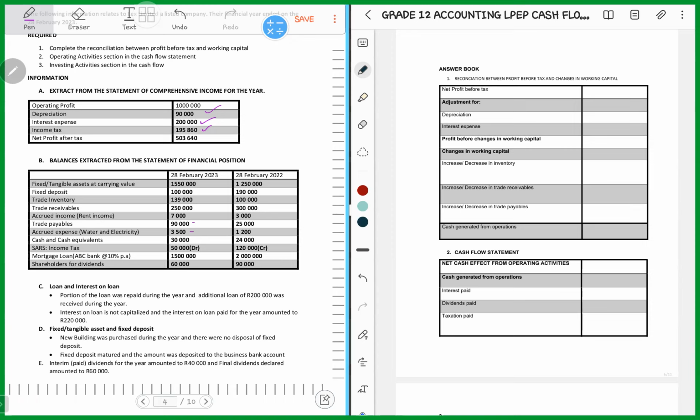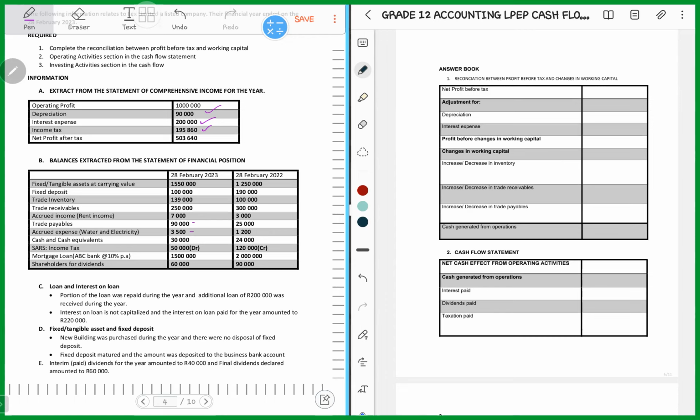But if you pay attention, the accrued expense is for water and electricity. Water and electricity is an expense. So the only way in which we can adjust an operating expense is through the reconciliation between the profit before tax and changes in working capital note.